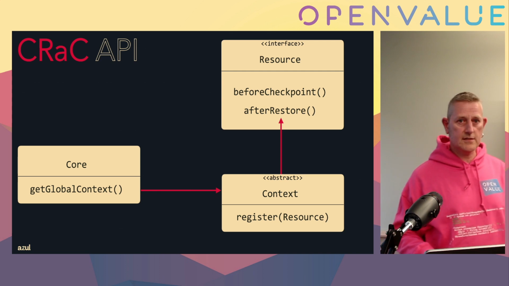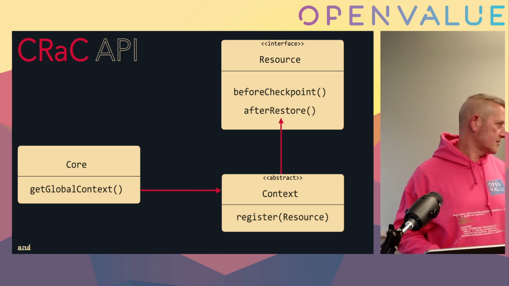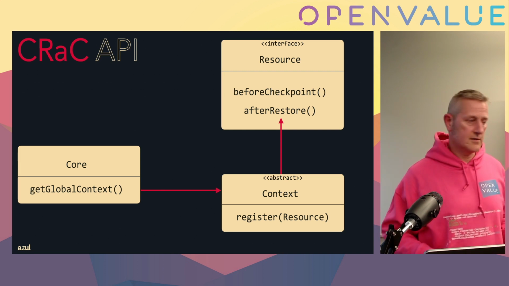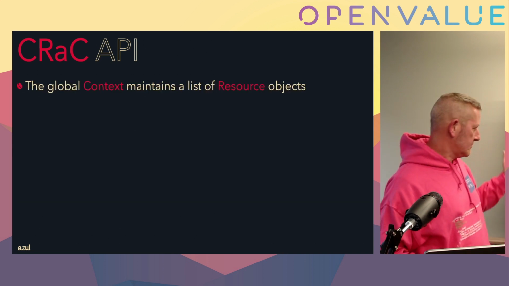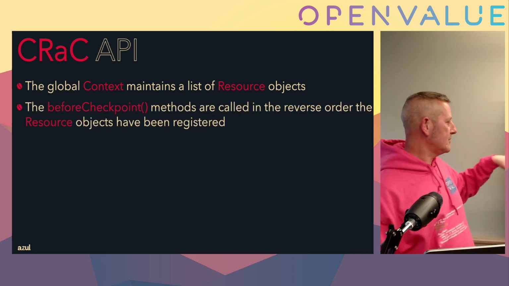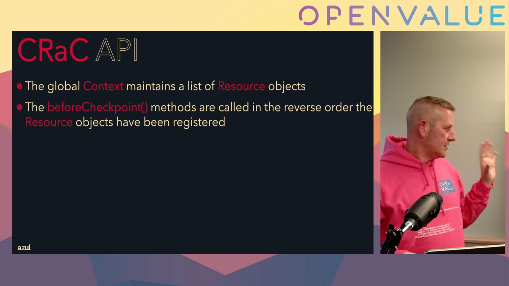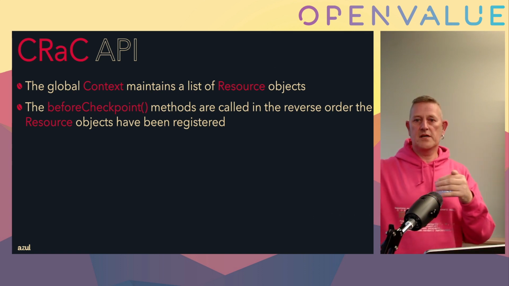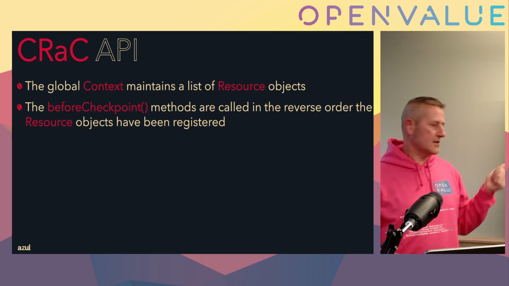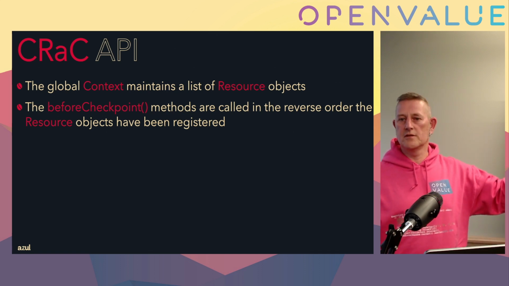There's only one context in the JVM, and you can imagine you have not only one resource, you can have multiple. Depends, right? And this context maintains a list of all the resources, and it takes care about the order of the resources, because that could be important. If you have, for example, resources that depend on each other, that means the first thing you do when you start your application, you initialize the database connection because you need that.